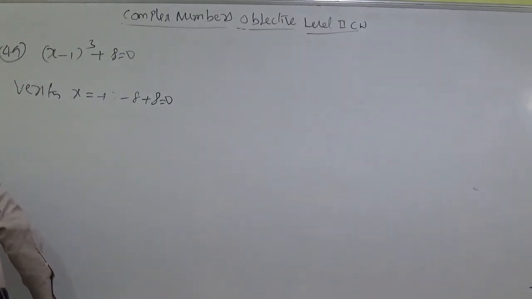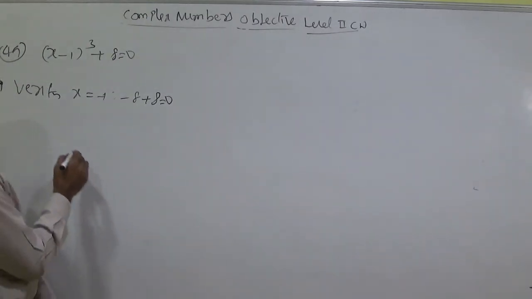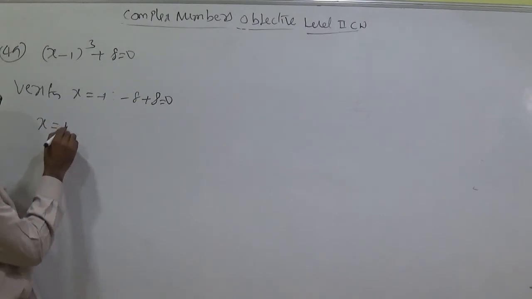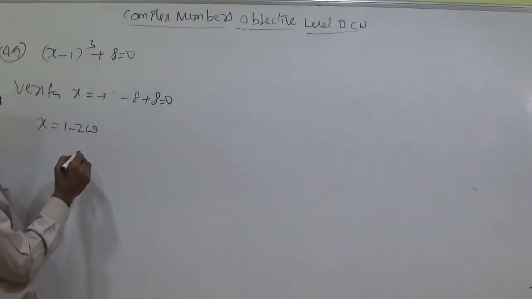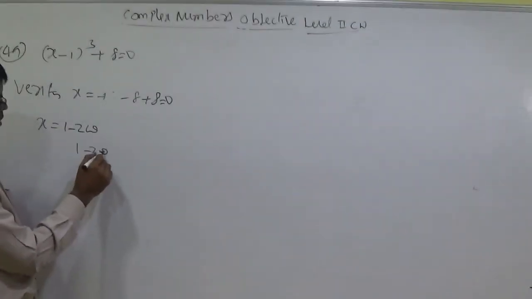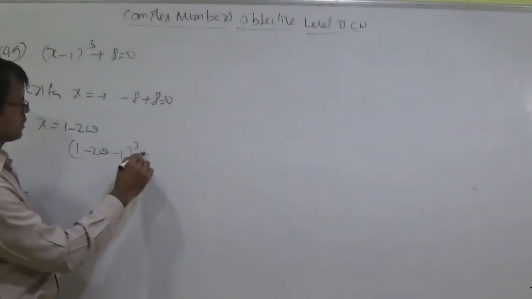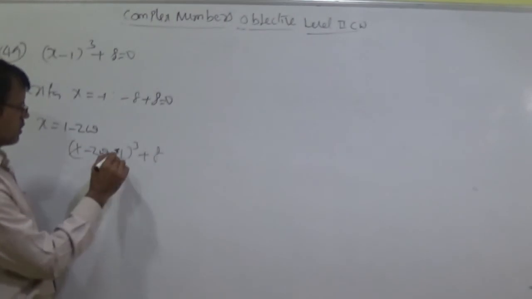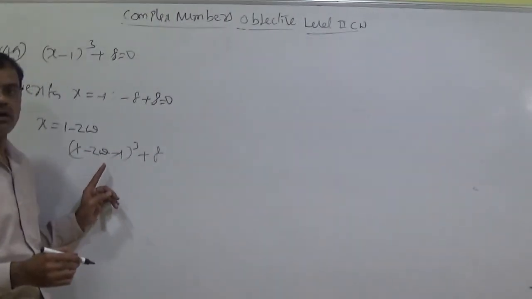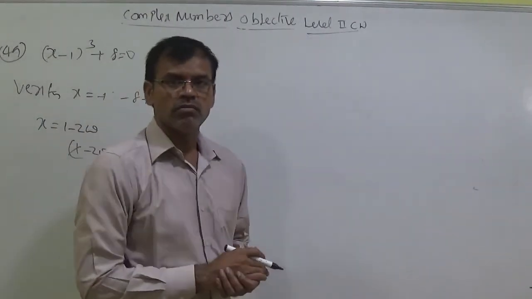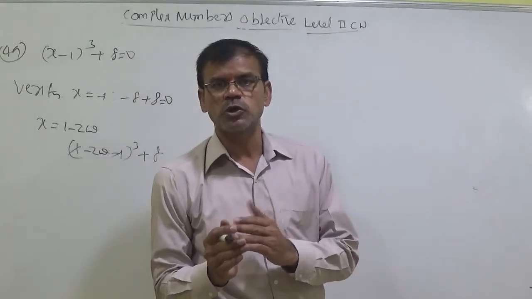Now try to understand like this. Take x equal to 1 minus 2 omega. Then 1 minus 2 omega minus 1 whole cube plus 8: 1 gets cancelled, minus 2 omega whole cube becomes minus 2 cube into omega cube, plus 8.